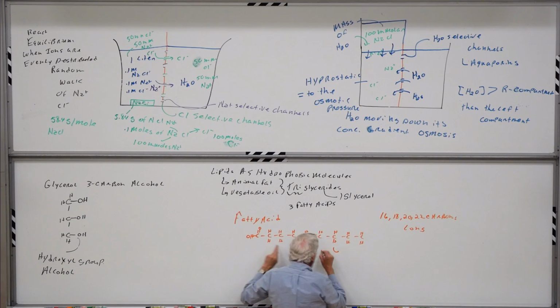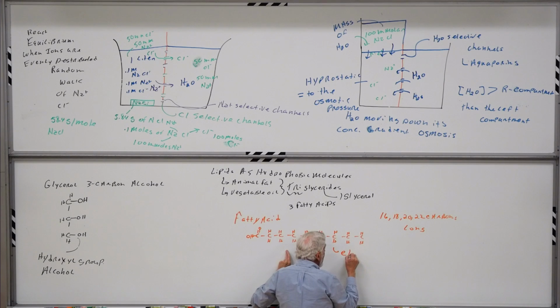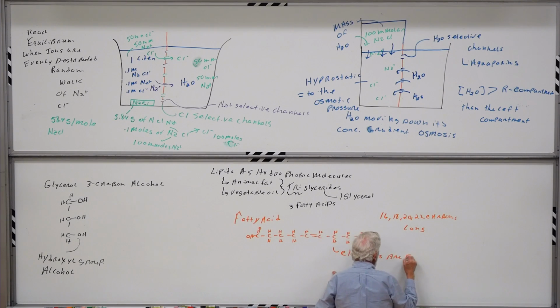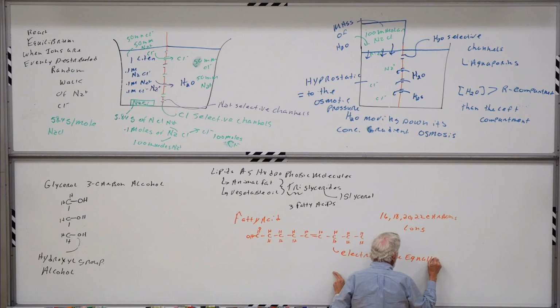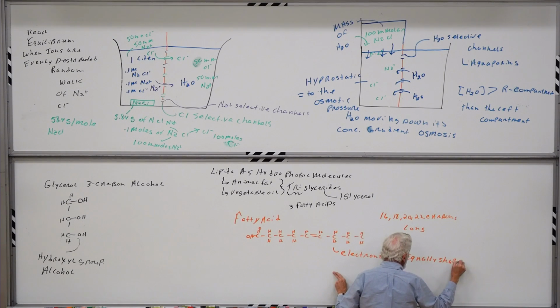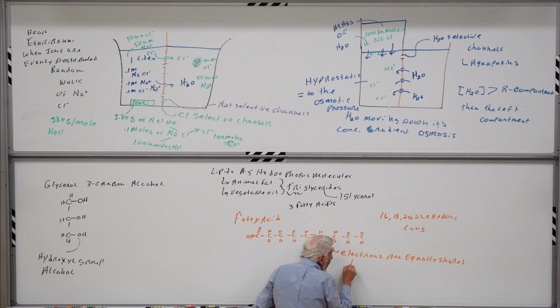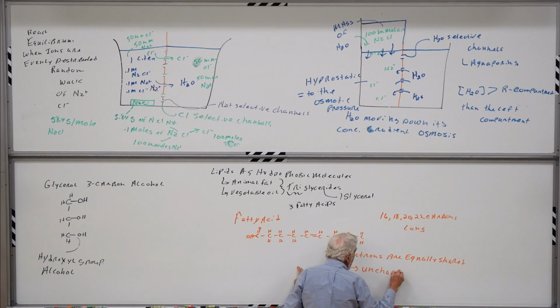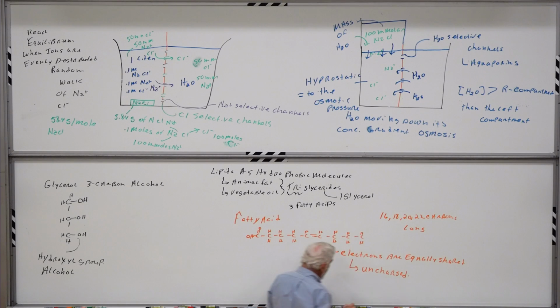So we'll look at this molecule and say the electrons are equally shared. That's just another way of saying this molecule is uncharged. Because it's uncharged, it doesn't want to interact with water.